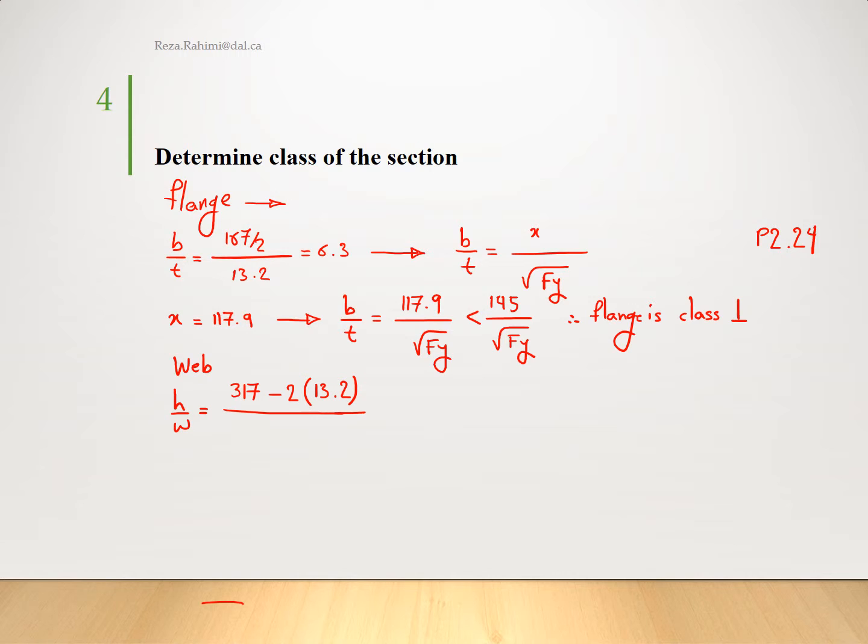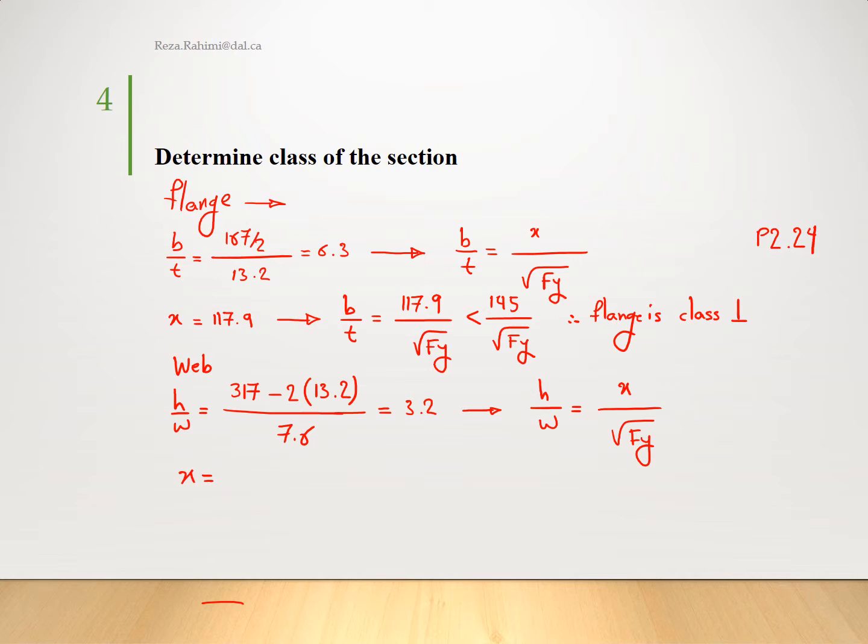We want exactly the height of the web, over 7.6, which is the thickness of the web. It will be equal to 3.2, and then H over W is equal to X over square root of Fy.